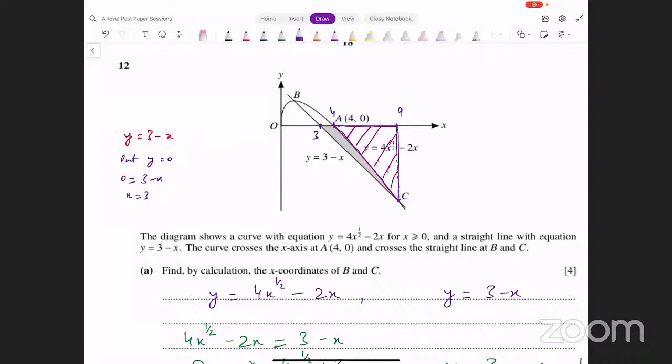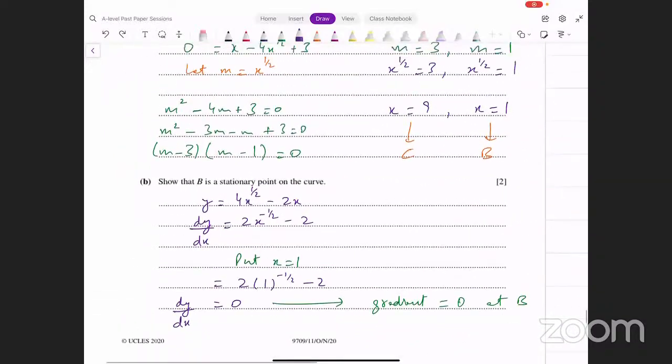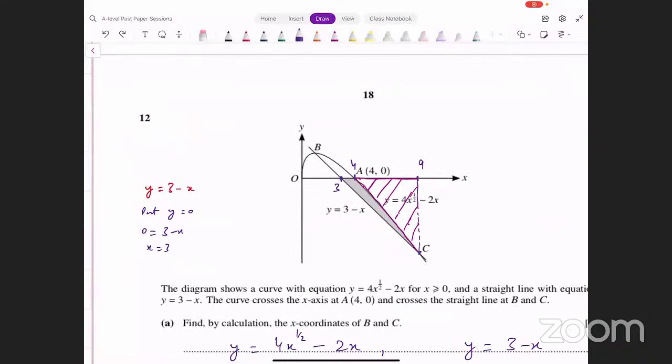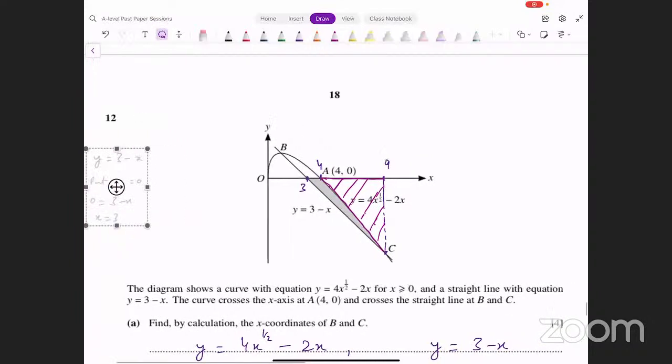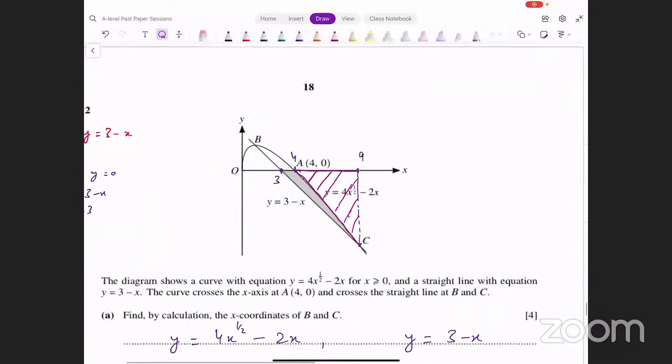At this length, that's what you need. पॉइंट C का x कोऑर्डिनेट है हमारे पास. पॉइंट C का x कोऑर्डिनेट क्या था? It was 9. 9 इनपुट कर दें, स्ट्रेट लाइन में कर दें, कर्व में कर दें, दोनों में से आपको सेम वैल्यू मिलेगी. ये हमारे पास लाइन की इक्वेशन थी.